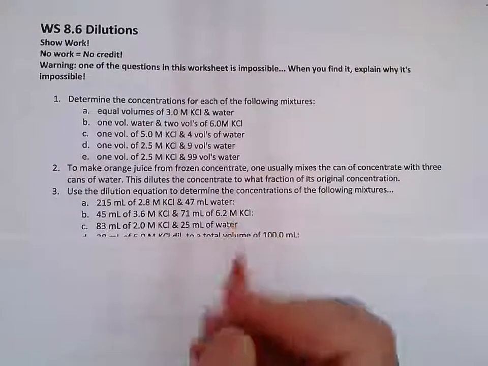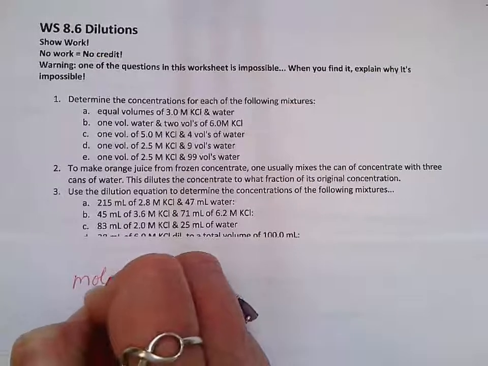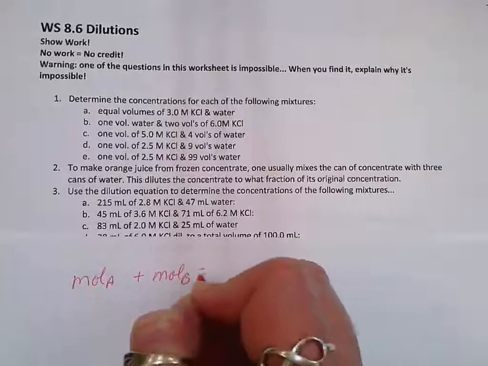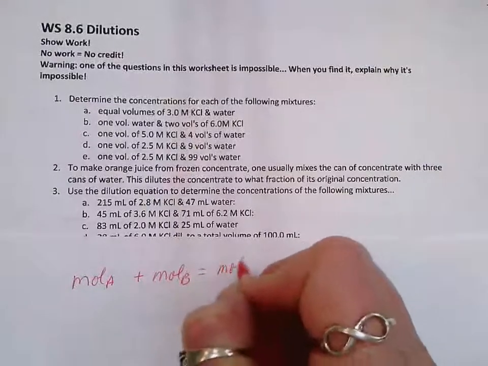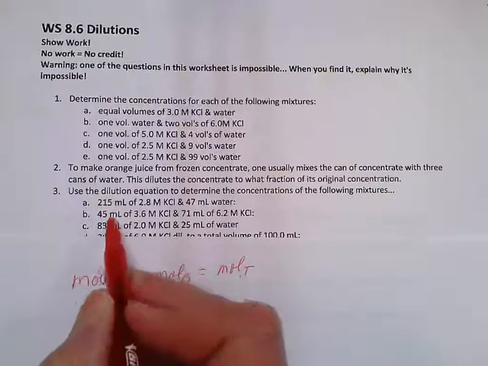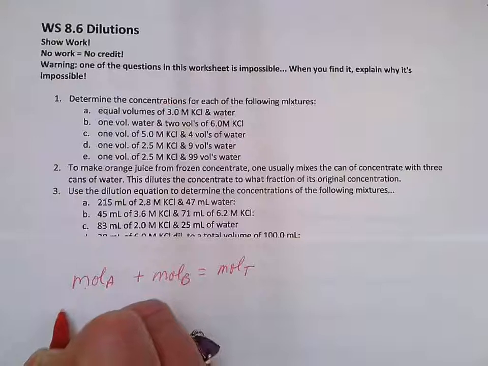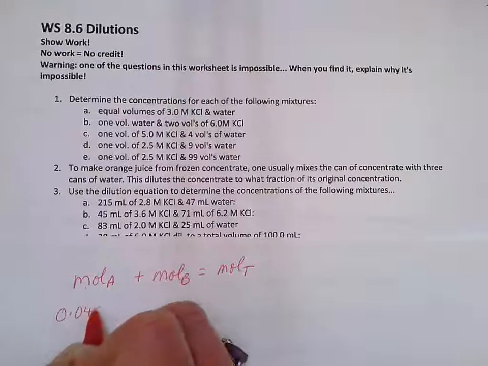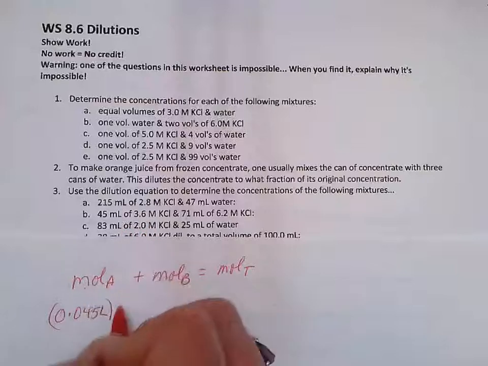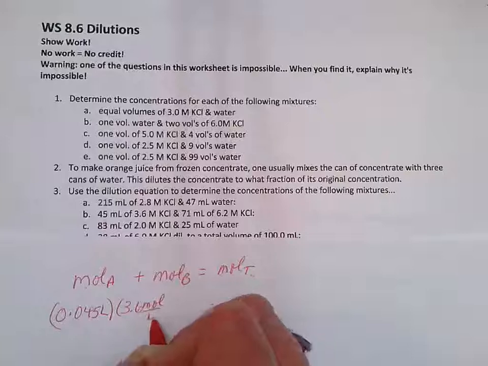Here, however, like B, I'm giving you a volume and a molarity, another volume, but it's not water, it's another solution. So this one, we're going to have to do moles of solution A plus moles of solution B equals moles total. And so to get moles of A, I'm going to take that many milliliters and put it into liters. So that's 0.045 liters times 3.6 moles per liter.